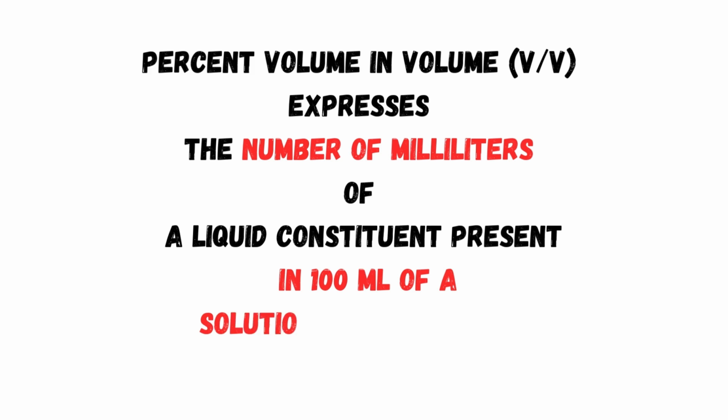In type 1 we have seen weight in volume. So here volume in volume. Volume, as you know, is expressed in ml. So the number of milliliter, like 2 ml or 5 ml of solute, present in 100 ml of solution or preparation. So that is percentage volume by volume.